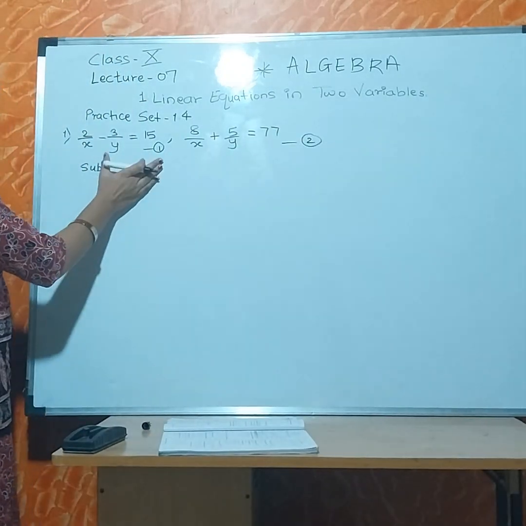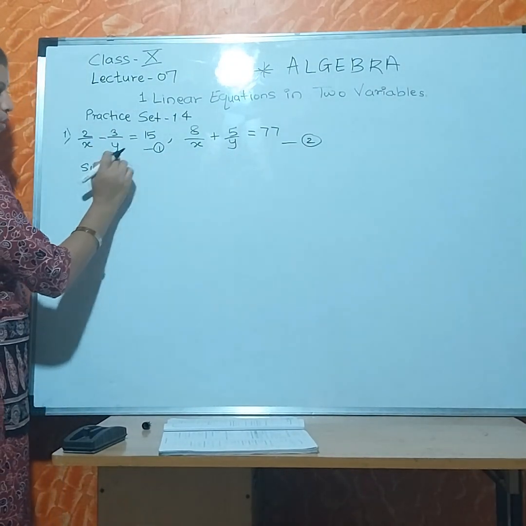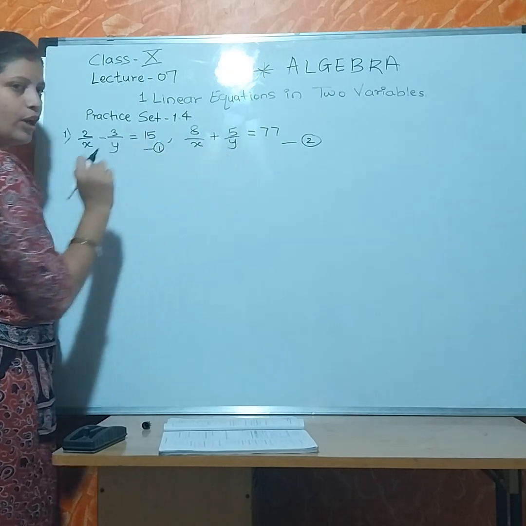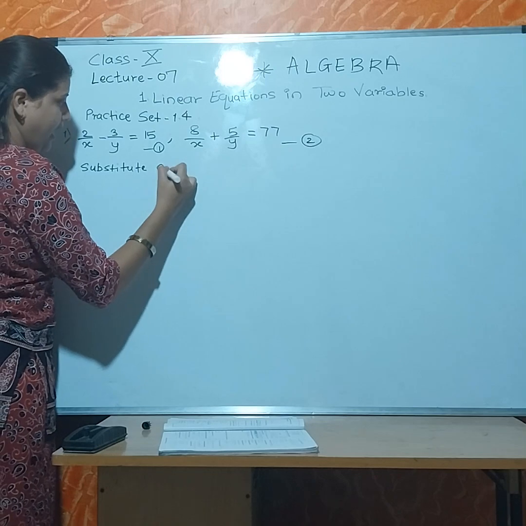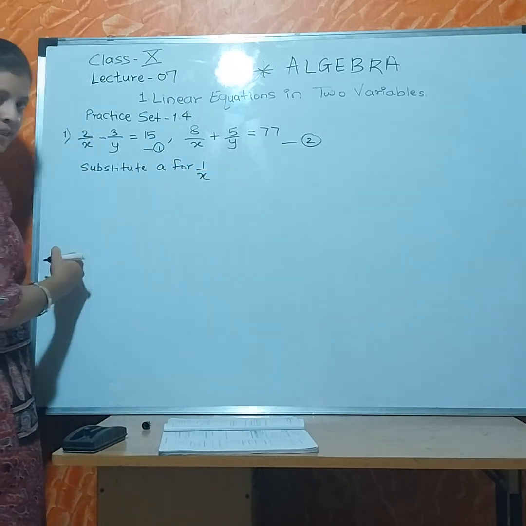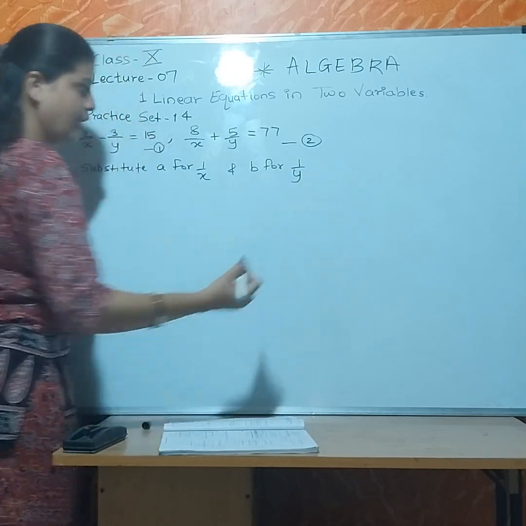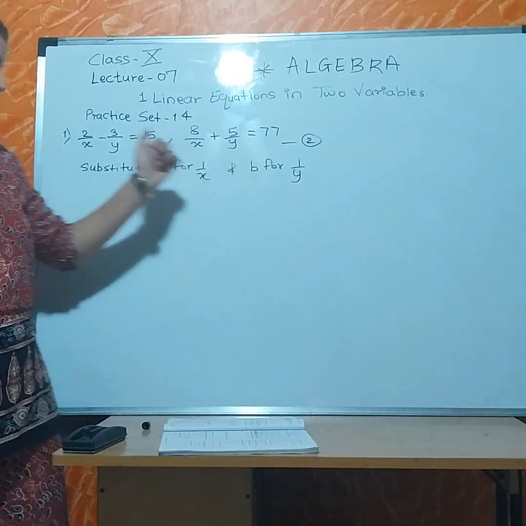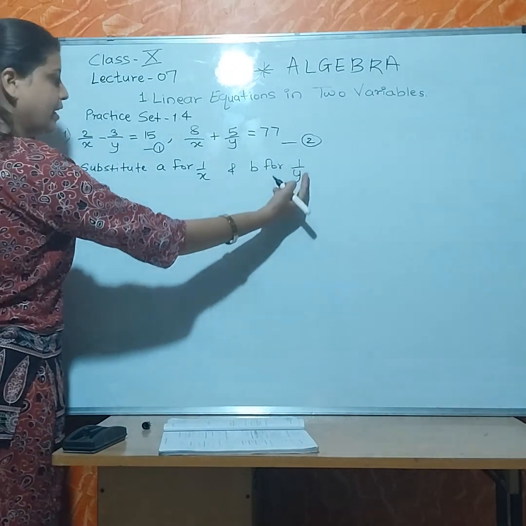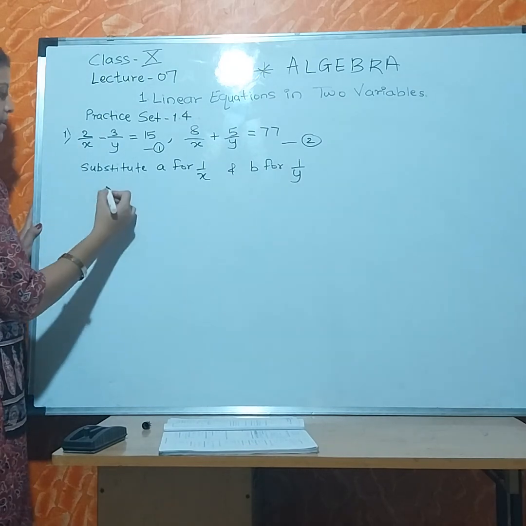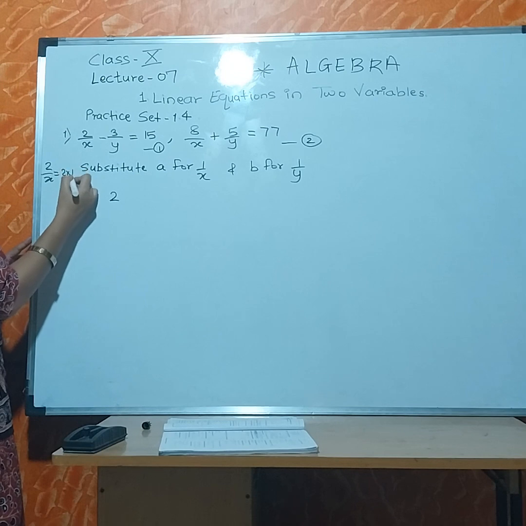Now equation 1 and equation 2 are in the form of 1 upon x and 1 upon y. So we can substitute A for 1 upon x and B for 1 upon y, right? You can take variables of your own choice. Now if we substitute A in the place of 1 upon x and B in the place of 1 upon y, we get the equations as, see, 2 upon x means 2 into 1 upon x, right?